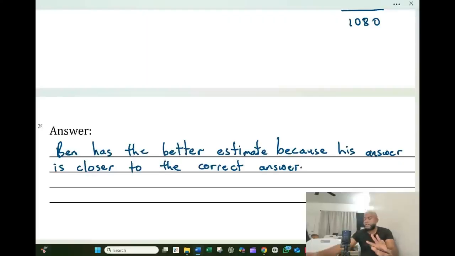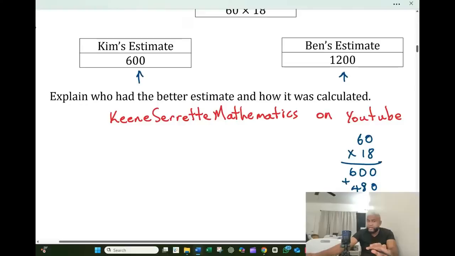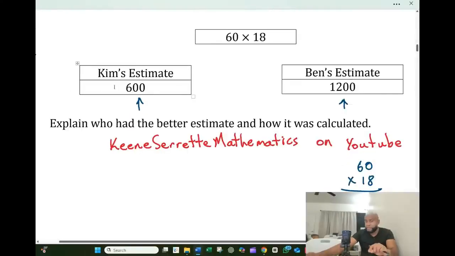Now, the second part of the question says how it was calculated. I'm assuming they mean how was this 600 calculated and how was this 1200 calculated. What I gather is that Kim estimated 18 down to 10.